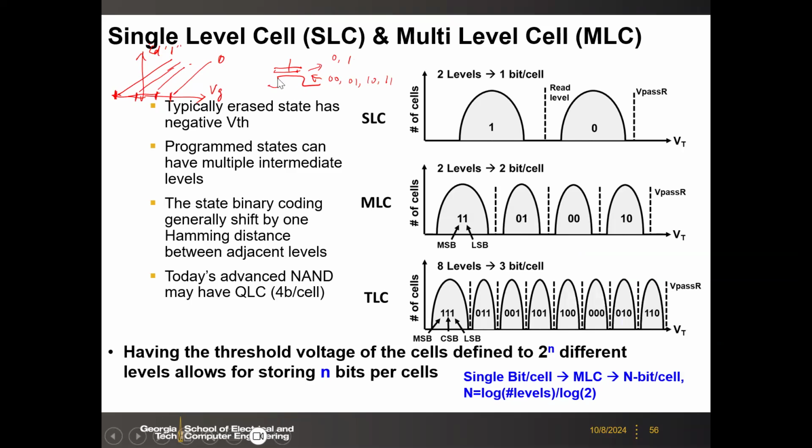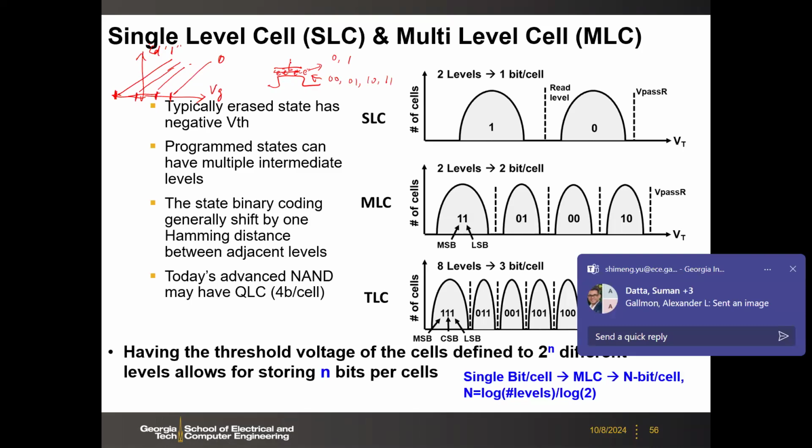Then here the key idea is to inject different numbers of electrons into the floating gates. The number of electrons will determine the VTH shift. If you have more electrons in the floating gates, you can expect a higher threshold voltage.